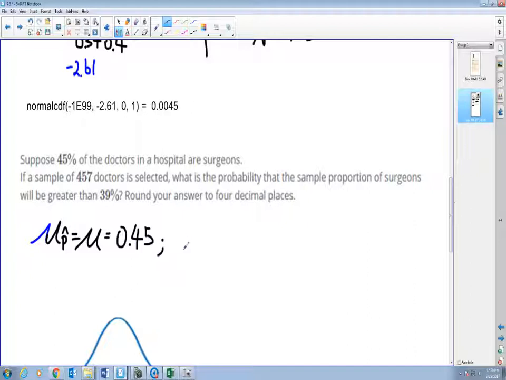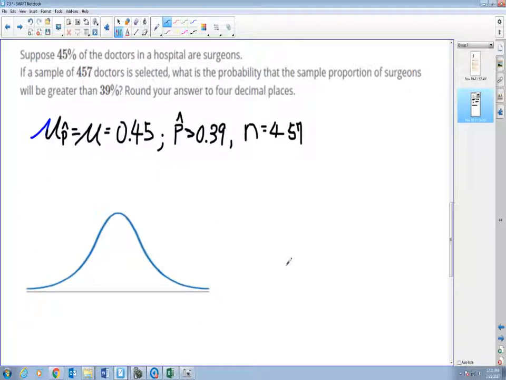My p hat, my sample proportion, will be greater than 39%. The sample size is 457.